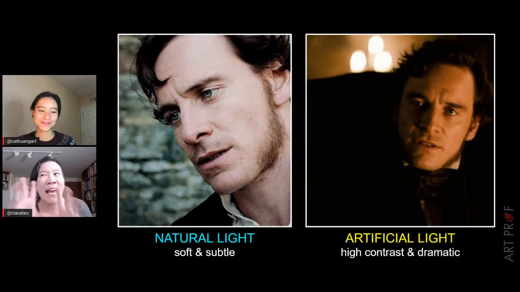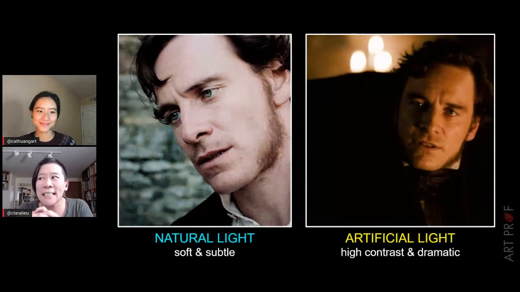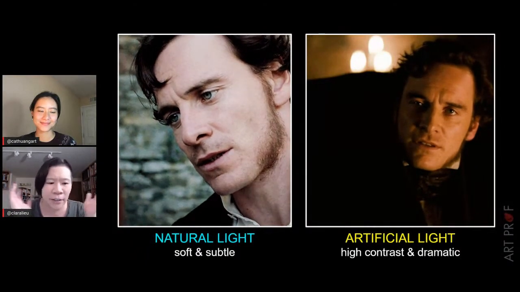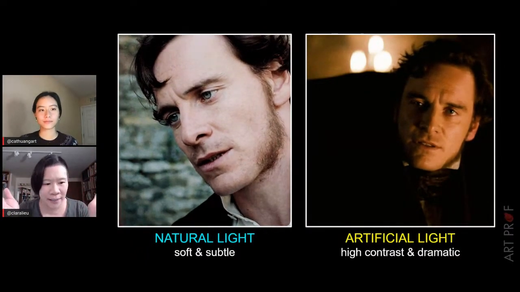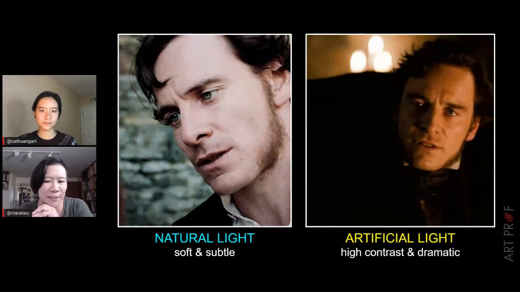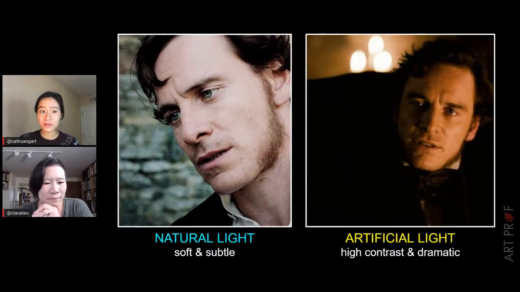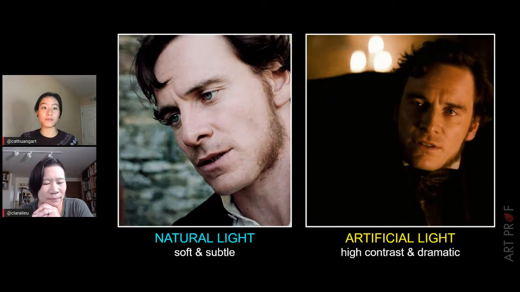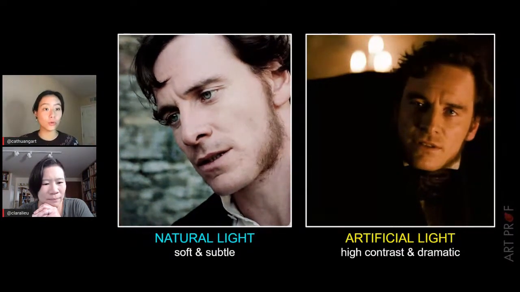So, Kat, what we have here is sort of the stereotypical natural lighting situation and the stereotypical artificial light situation. How would you describe those typical situations? I feel like a lot of people think that natural light would be more diffused. The shadows might be softer. The whole environment changes with the natural light, and also the light is cool.